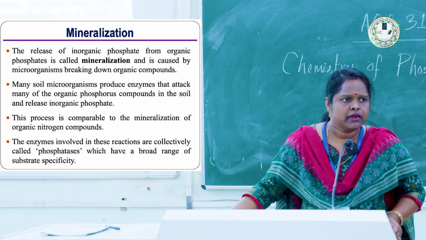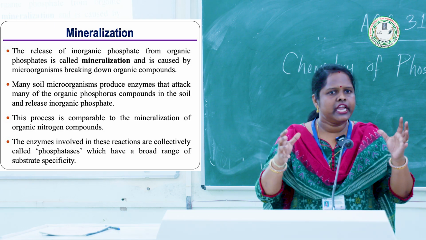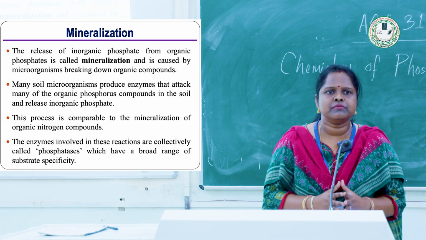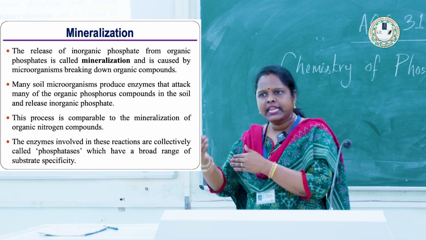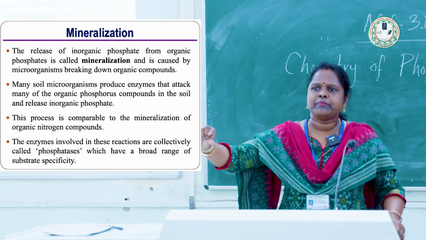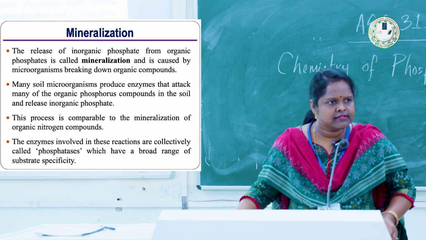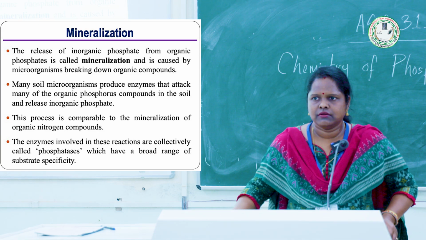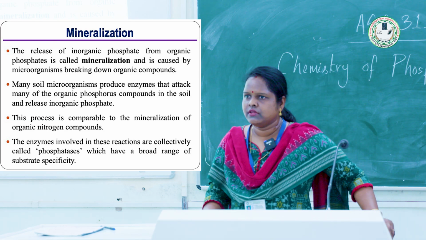Clear? The involvement of microorganisms is there. They act upon the organic residues and decomposition happens. During that process, a varied group of enzymes act. What are those enzymes? Those enzymes are called phosphatases.